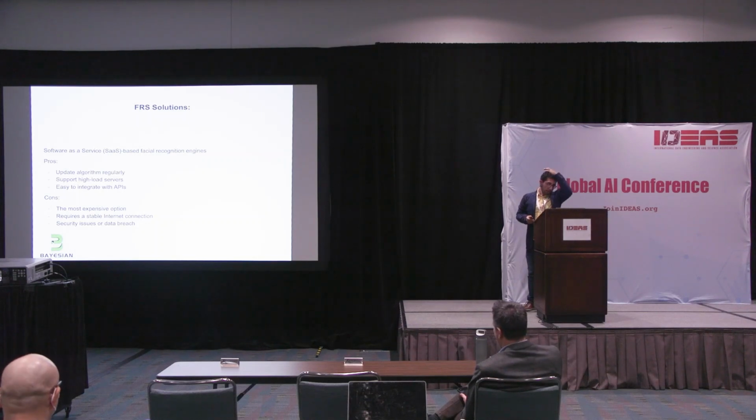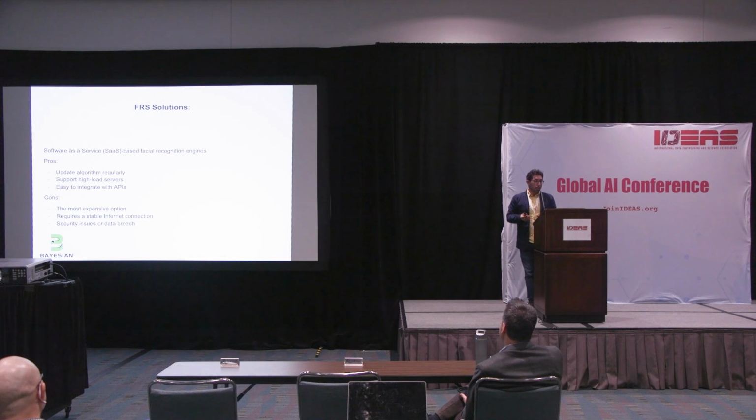So the solutions that are available for facial recognition could be SaaS-based, so it is on the internet. You pass your images to a server, and then you get the response if this person is who you are thinking or not. The pros for this kind of system is that it is easy to operate.